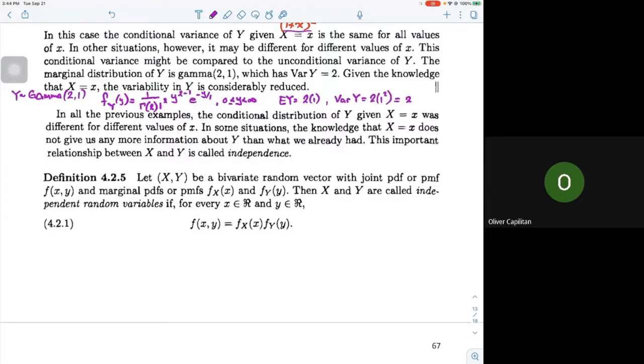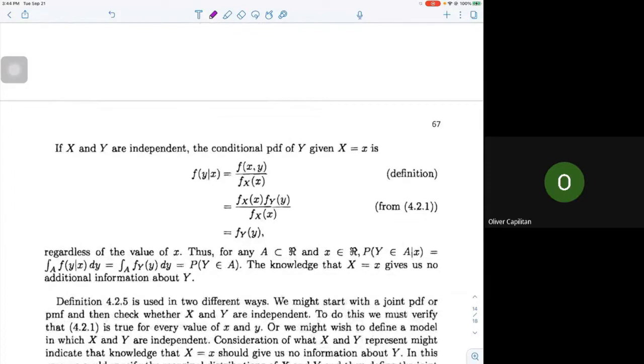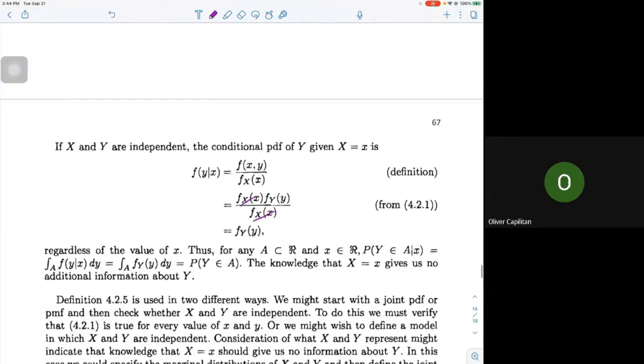Okay, so if x and y are independent, then the conditional PDF of y given x, by definition the first equality, and then applying the definition for independence, the joint is equal to the product of the marginals, then this would cancel, and it is equal to the marginal distribution of y.